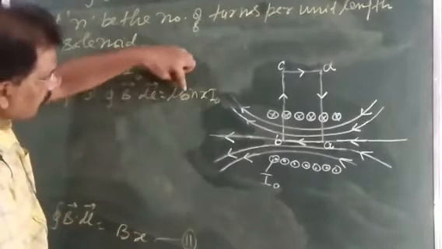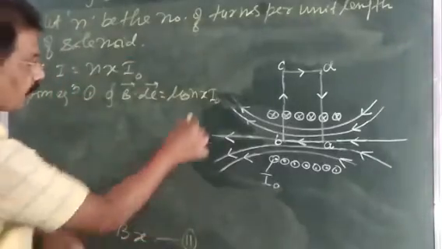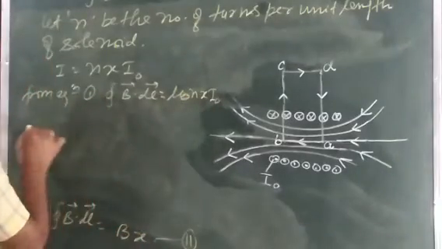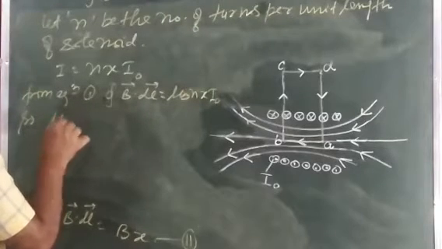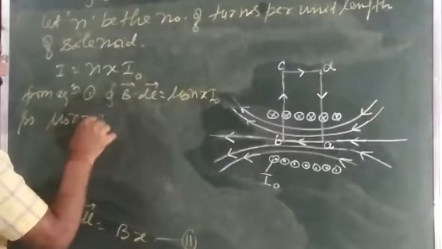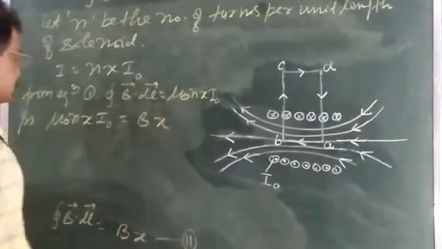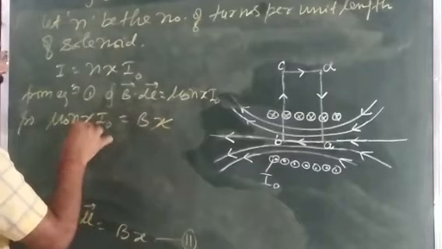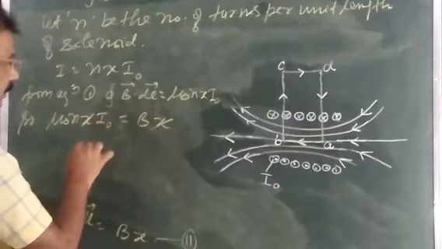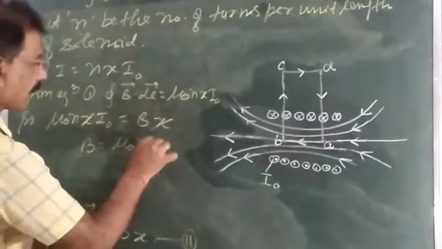So now you can say mu naught nx I naught is equal to Bx. Now x is cancelled by x, and now you can say B is equal to mu naught n I naught.